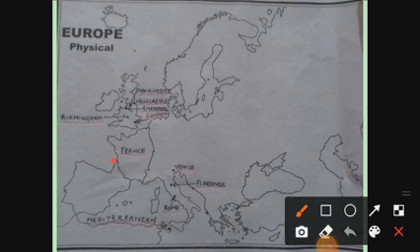This is France, a very big nation of Europe. Then here is the Mediterranean Sea above Africa. This is Africa. Above Africa is the Mediterranean Sea. And this lady shoe shaped country, this you can see, is Italy.